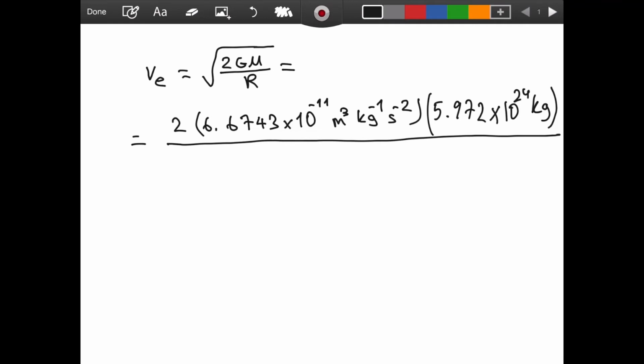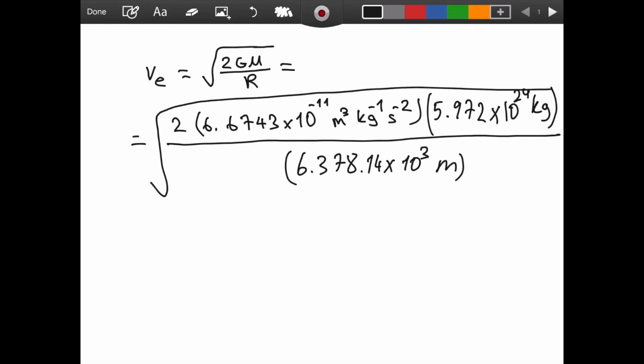It is just how it is shaped. So if we plug in the value for the equatorial radius, it turns out that value is 6378.14 times 10 to the power of 3 meters. And of course we have the square root as well.